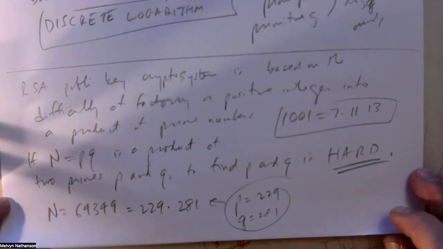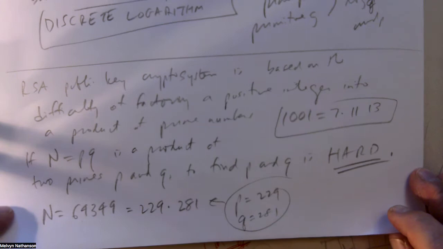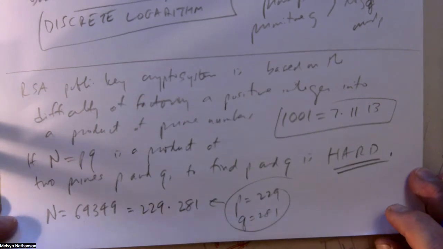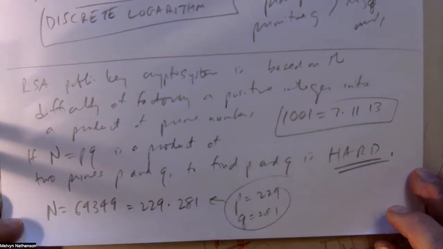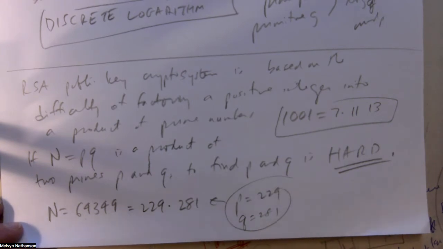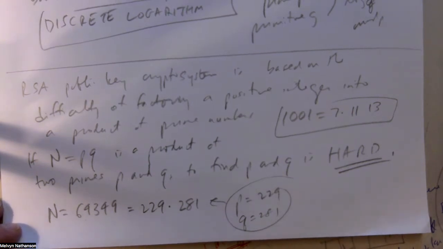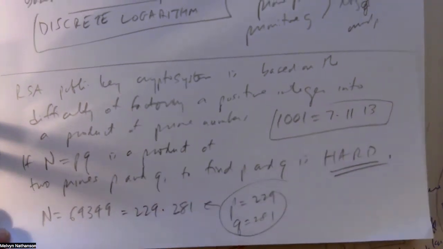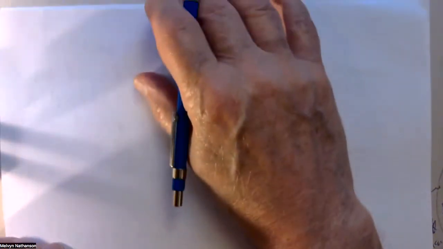So the difficulty of the RSA public key crypto system is based ultimately on the difficulty of factoring a number into a product of primes. So that's what this lesson and the next lesson are about, sections 3.1 and 3.2 of the text. And again, it starts with some basic number theory.